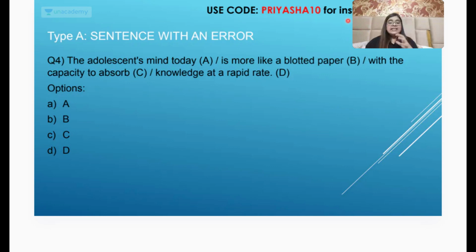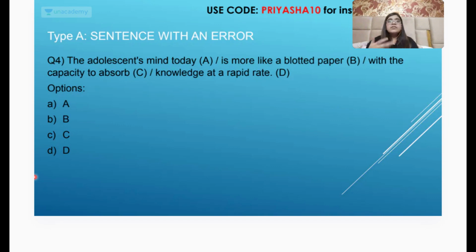Okay, likely is not a problem here. The problem here is more. This is a comparative part. You know, comparative, more than something, right? More than this, more than that. Am I right?